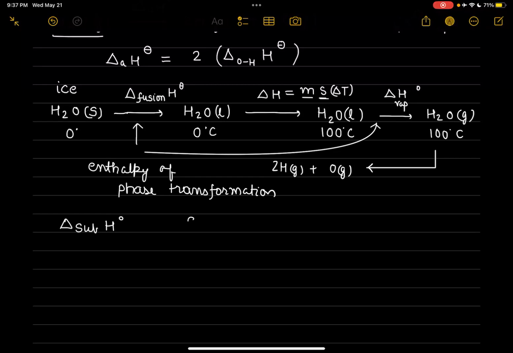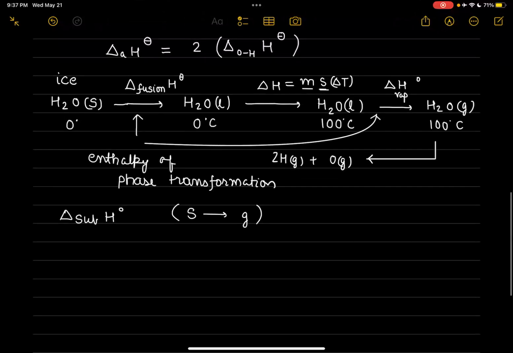Enthalpy of sublimation means solid to gas directly. What is the heat needed for 1 mole? That is the enthalpy of sublimation. Is it clear or not? Got it? Yes, sir.